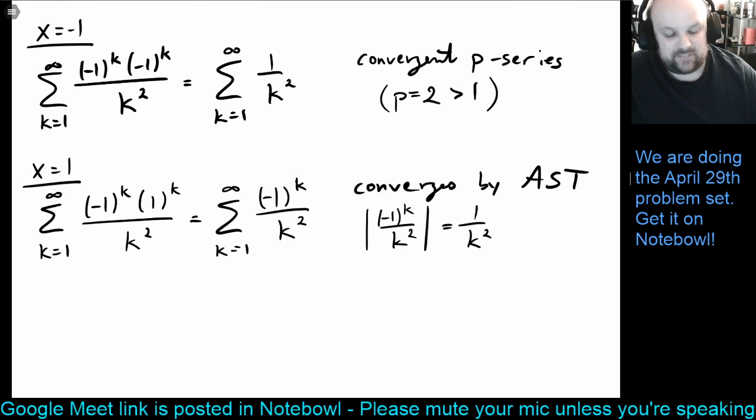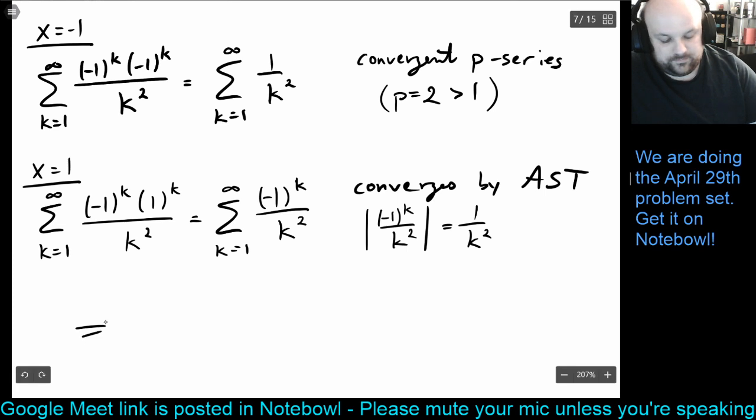Which means if we're trying to check if this converges absolutely, we would be asking if this series up here converges. And it does. So since this converges, it must converge absolutely. So that's another way you could go about testing whether this converges. This is perfectly acceptable here, but I just wanted to say, hey, here's another neat little way you could do it.